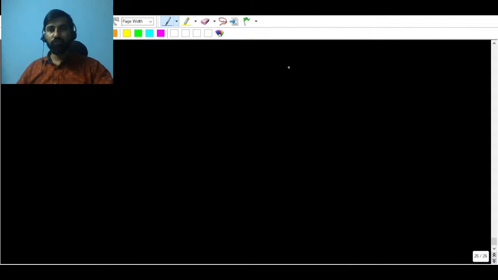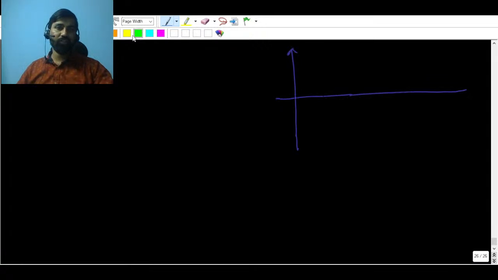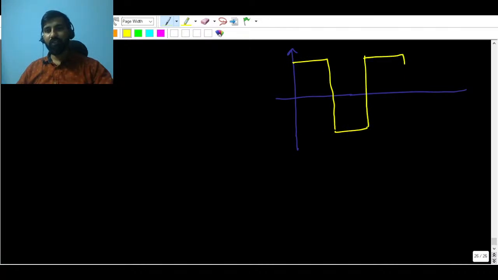The output of this circuit is going to be like this, as this circuit is basically a square wave generator. Ideally, the maximum is 15 volt and the minimum is minus 12 volt.